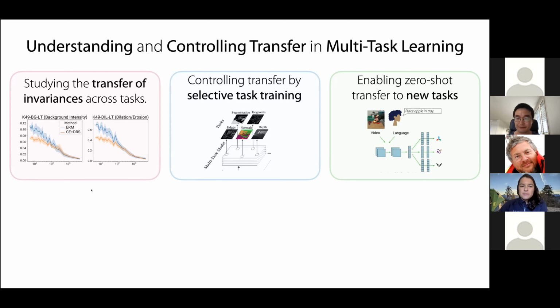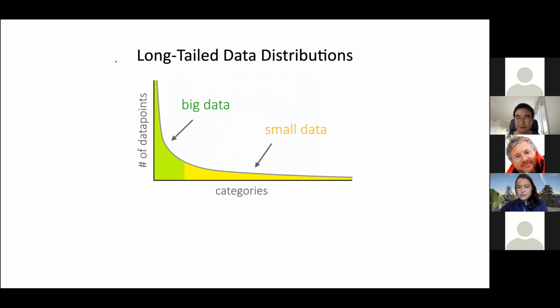Now let's first start by talking about the transfer of invariances. Our motivation is that long-tail distributions are pervasive in a lot of applications of machine learning, where one part of your distribution has a very large number of data points, and a very large part of your distribution has only a small number of data.